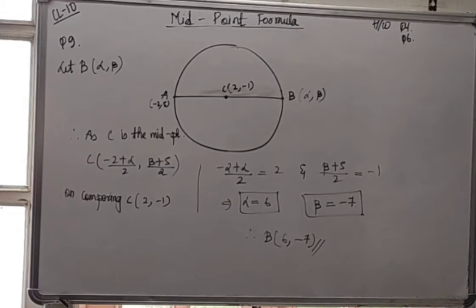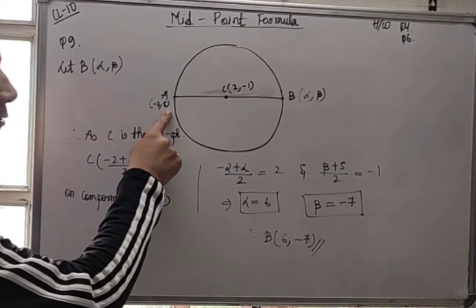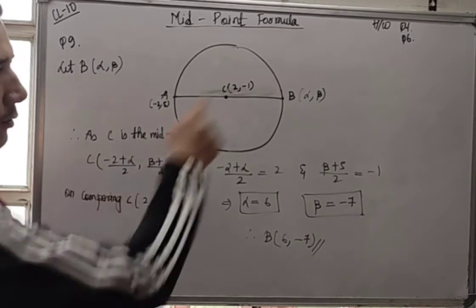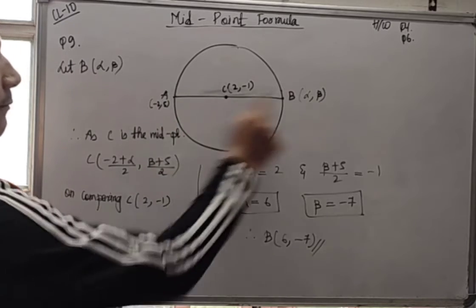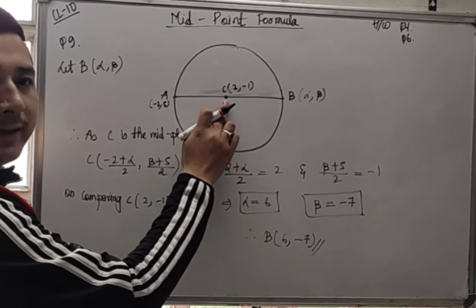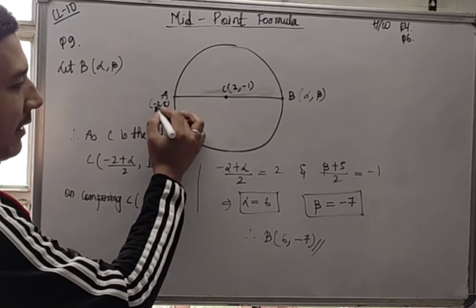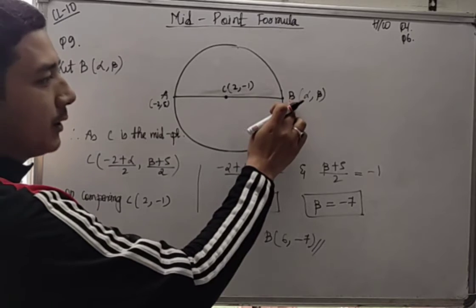In question number 9, your question says, if A is one end of the diameter of the circle, so we know this is a circle, with a center, and this AB is the diameter. Here the question says, if C is the center (2, -1), and if one end is (-2, 5), find the other end. So we don't know this other end.